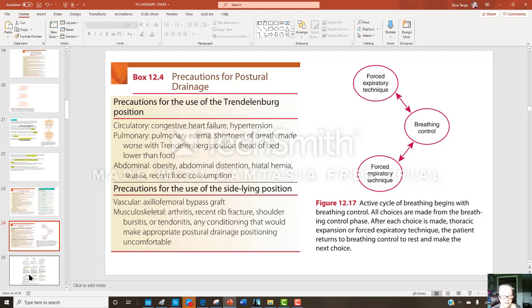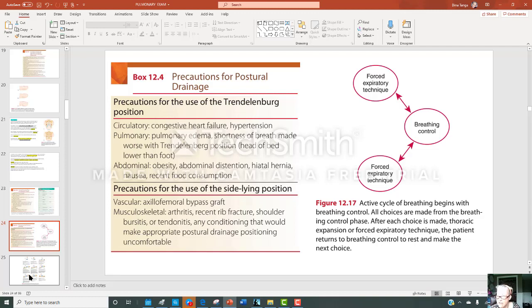Precautions for the use of the side lying position: vascular, axillofemoral bypass graft; musculoskeletal, arthritis, recent rib fracture, shoulder bursitis, or tendinitis. Any condition that would make appropriate postural drainage positioning uncomfortable. Figure 12.17.